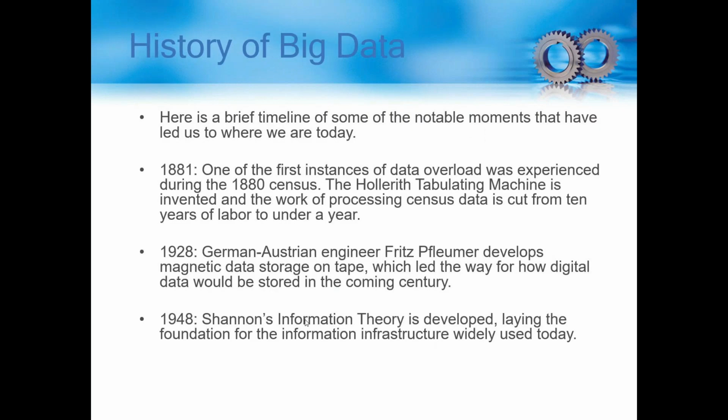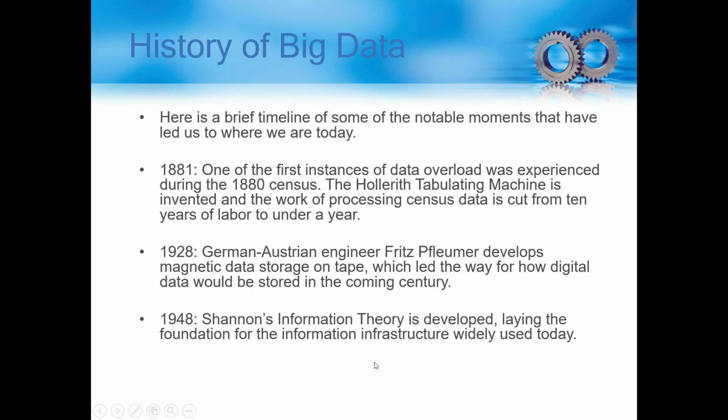Now, history of big data. Here is a brief timeline of some of the notable moments that have led us to where we are today. That is, in 1881, one of the first instances of data overload was experienced during the 1880 census. The Hollerith tabulating machine was invented, and the work of processing census data was cut from 10 years of labor to under a year.